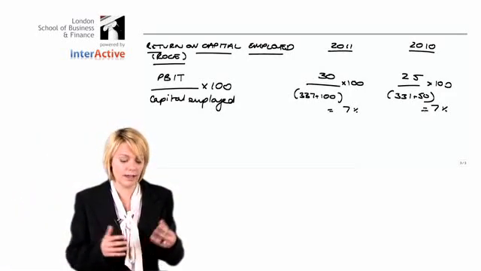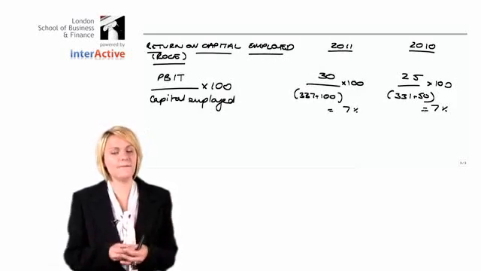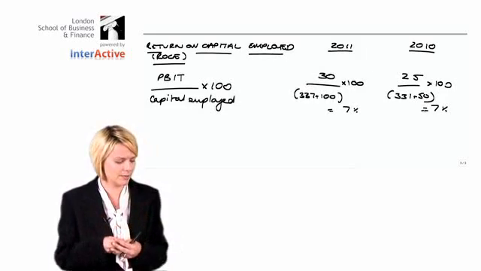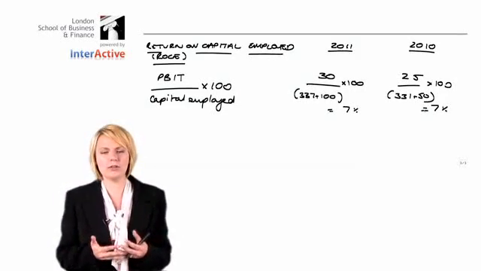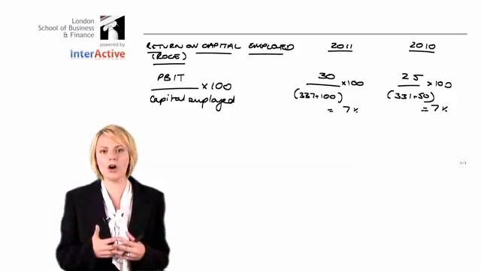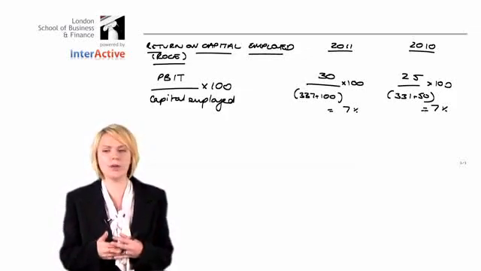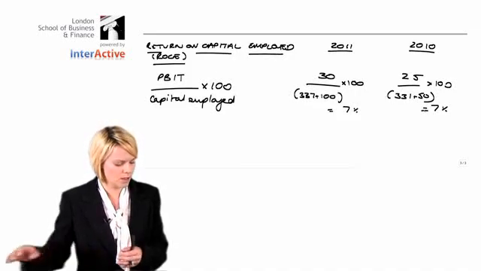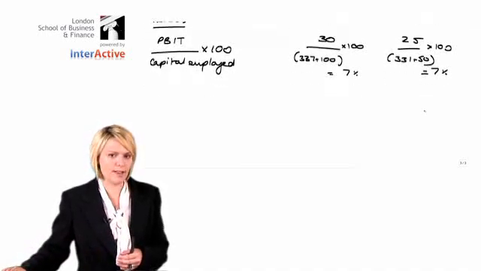Profitability in relation to the amount of investment into your business has stayed the same, it's stayed static. So we're no more efficient in generating profit from our investment, our equity and our issue of loan notes than we were last year. So let's write that down.